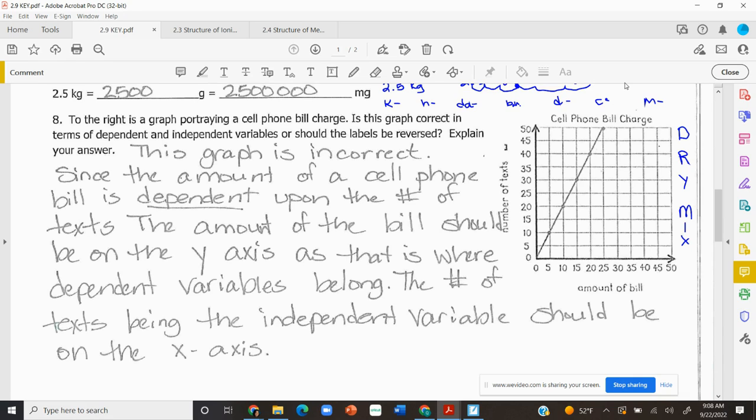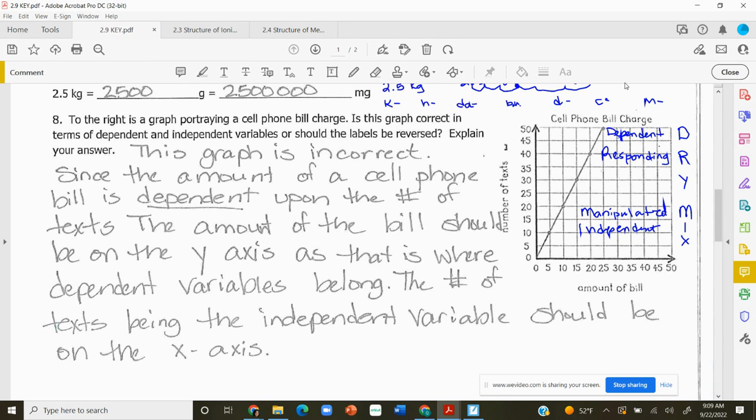So what this stands for is this is dependent. This is responding. And it goes on the y-axis. This is manipulated. This is independent. And it goes on the x-axis.